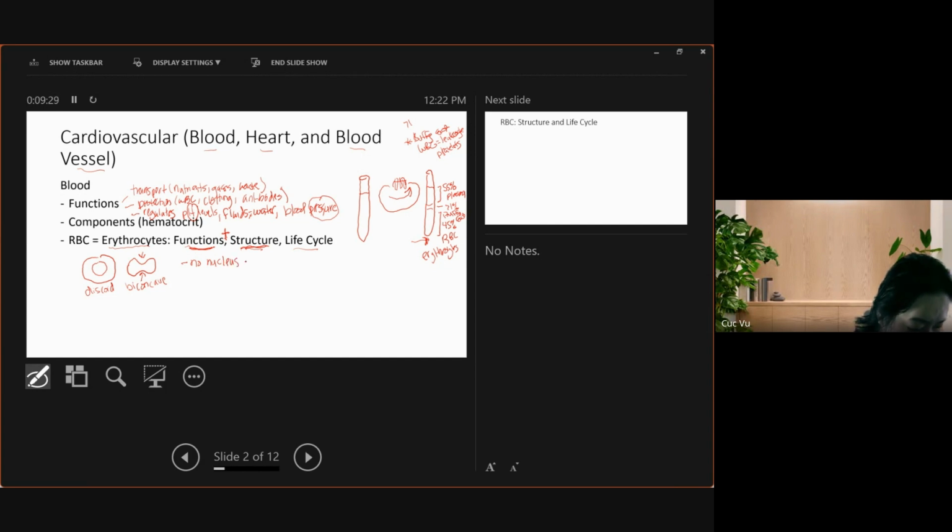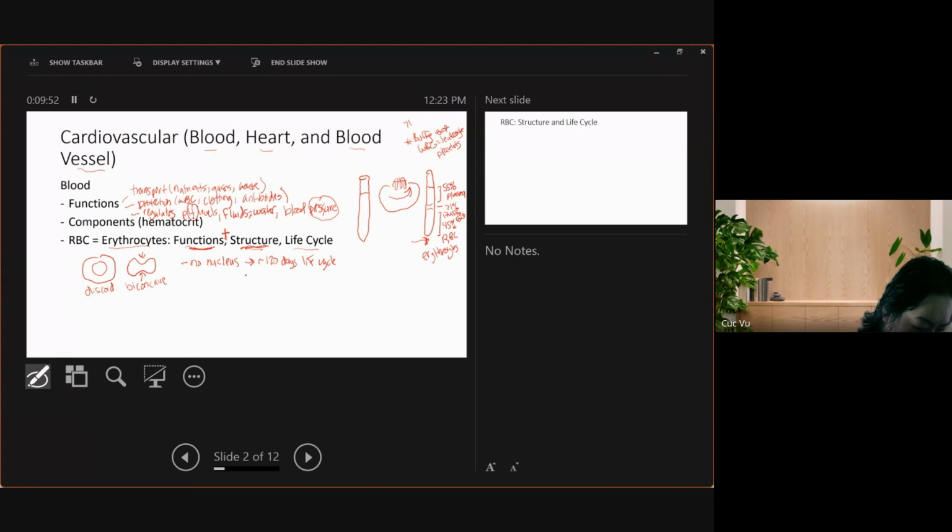Now, that does make sense because that might be why a red blood cell only lives for about 120 days. Because it has no nucleus. Once it gets damaged, that's it. There's no repair, and it just dies off because it has no nucleus. Why doesn't it have a nucleus?